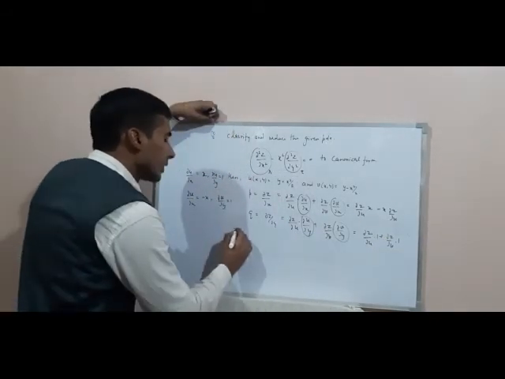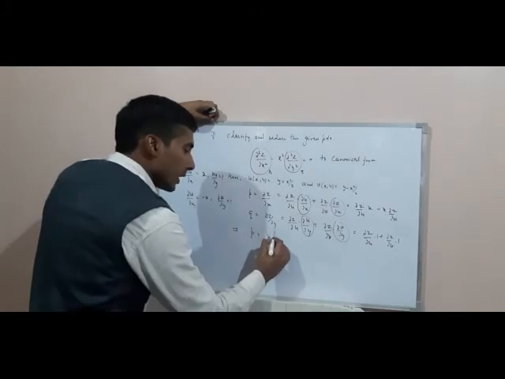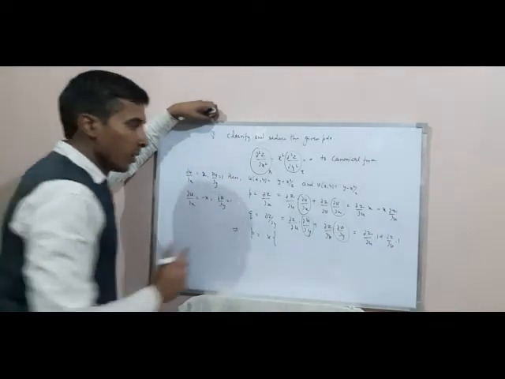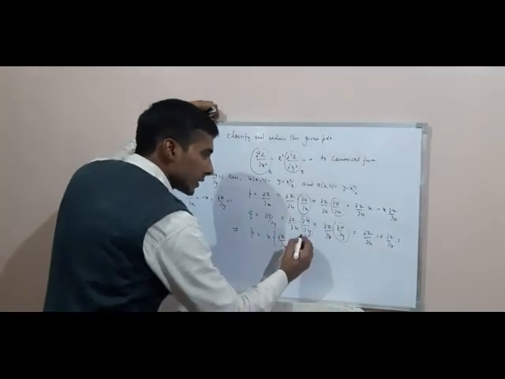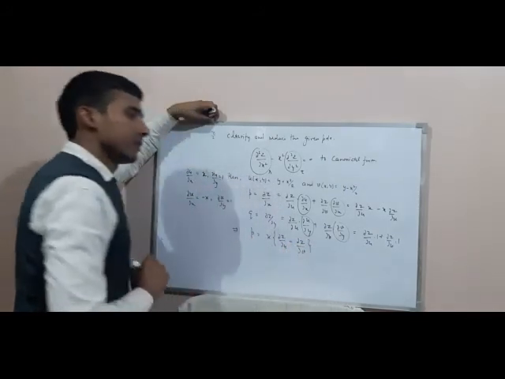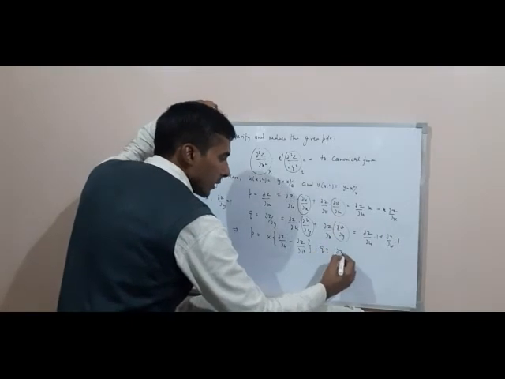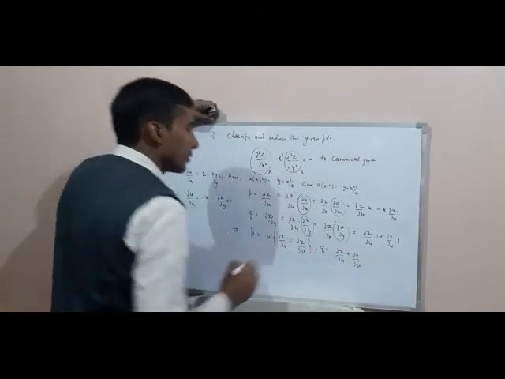So we get p: x can be taken outside because x exists in both the terms, so it can be written as x(∂z/∂u minus ∂z/∂v). Again q is ∂z/∂u plus ∂z/∂v.